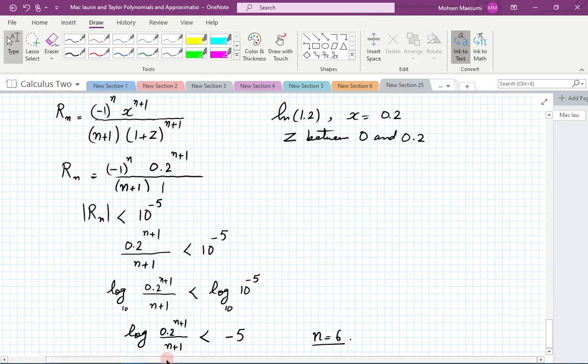An alternative way of handling this type of problem is just to do trial and error. If that is more convenient for you, start with n equal to 1, then 2, then 3, and so on, until the fraction becomes less than the accuracy that is required. Then you are ready to declare the answer, in this case n equal to 6.